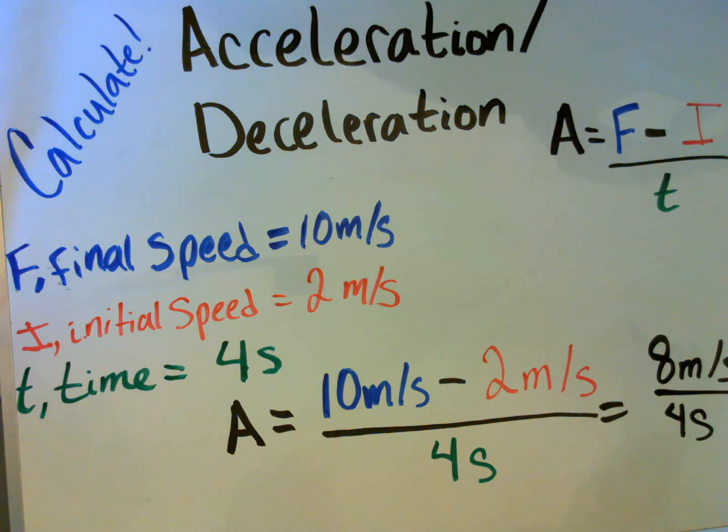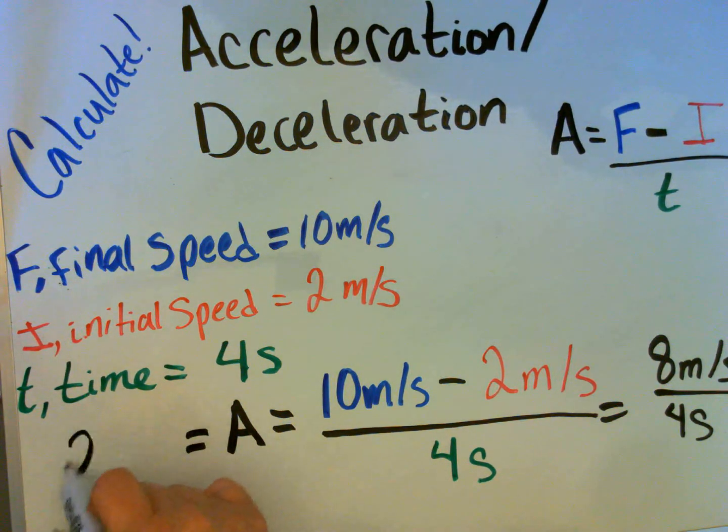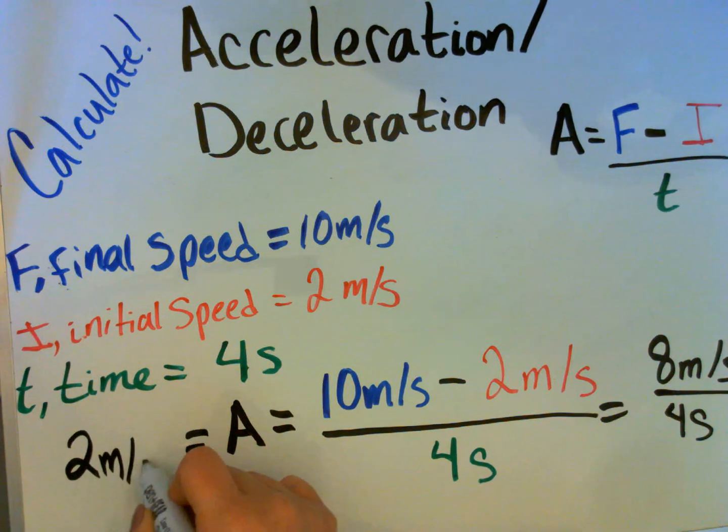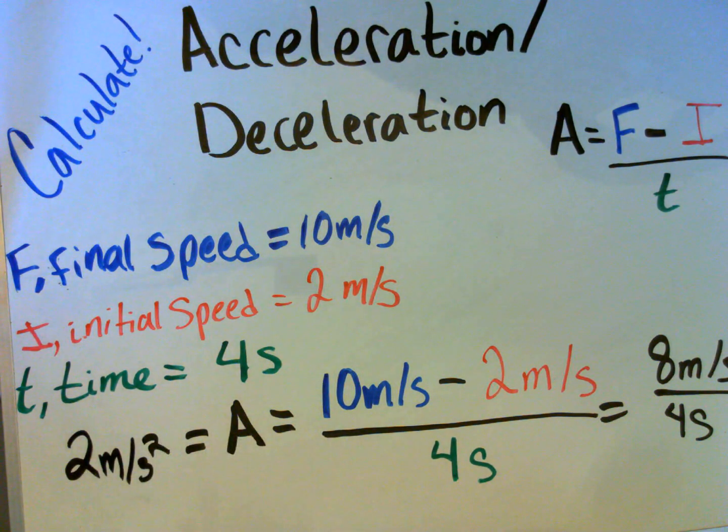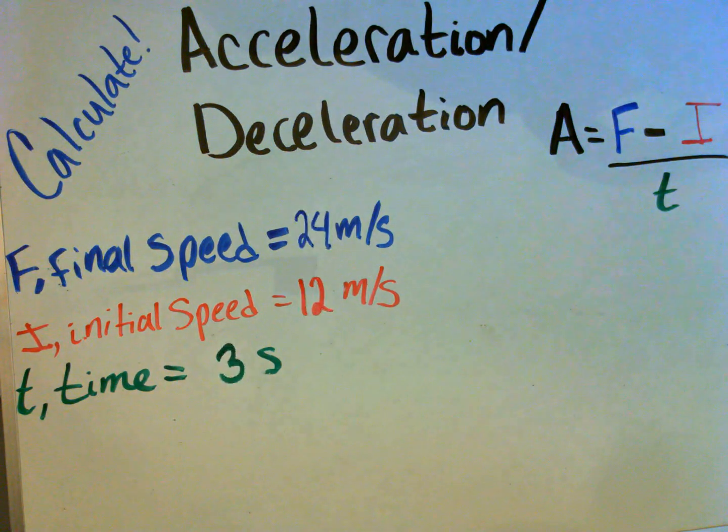Were you able to simplify that more than to say 8 divided by 4 is 2 meters per second squared? If not, that's okay. That's why we're practicing. So we're going to try another example now.